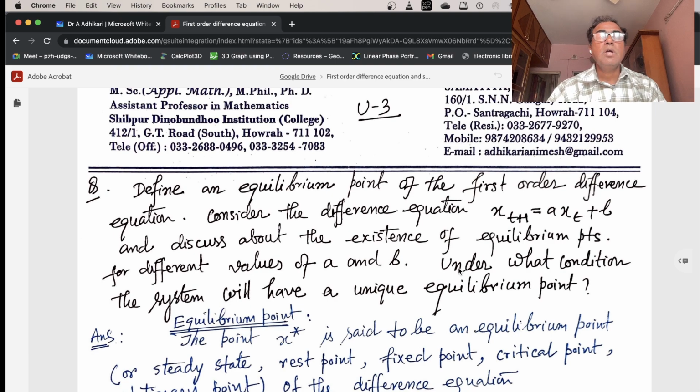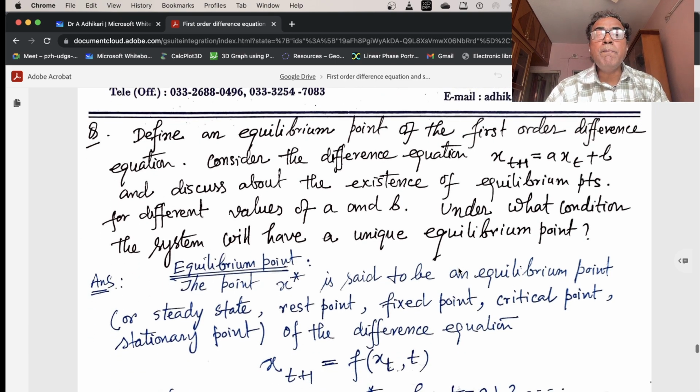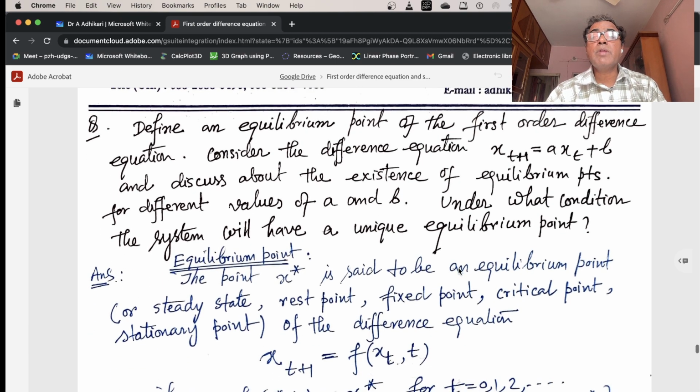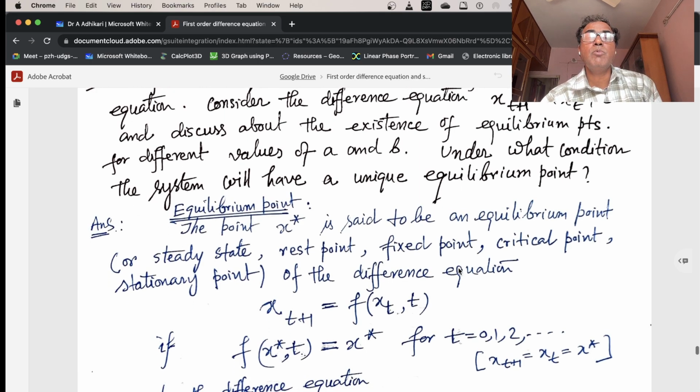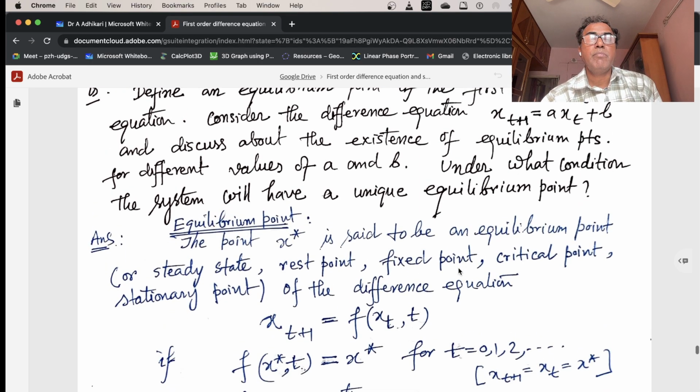Now we define the equilibrium point, the fixed point of the first order difference equation. Consider the difference equation x_{t+1} equal to a x_t plus b and discuss the existence of equilibrium points for different values of a and b, and under what condition the system will have a unique equilibrium point.